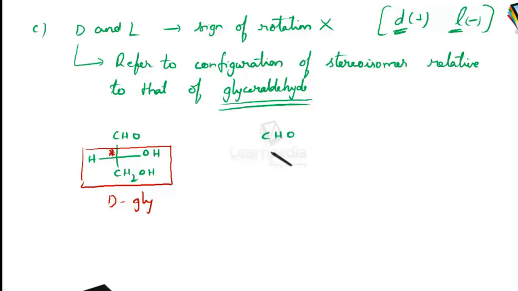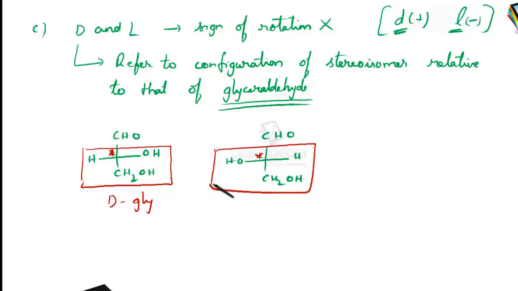And if the OH group is on the left hand side, like this, it is called L-glyceraldehyde. So any other compound in which the OH group on the most distant chiral carbon is on the right hand side comes under the D configuration, and if it's on the left hand side, it comes under the L configuration.